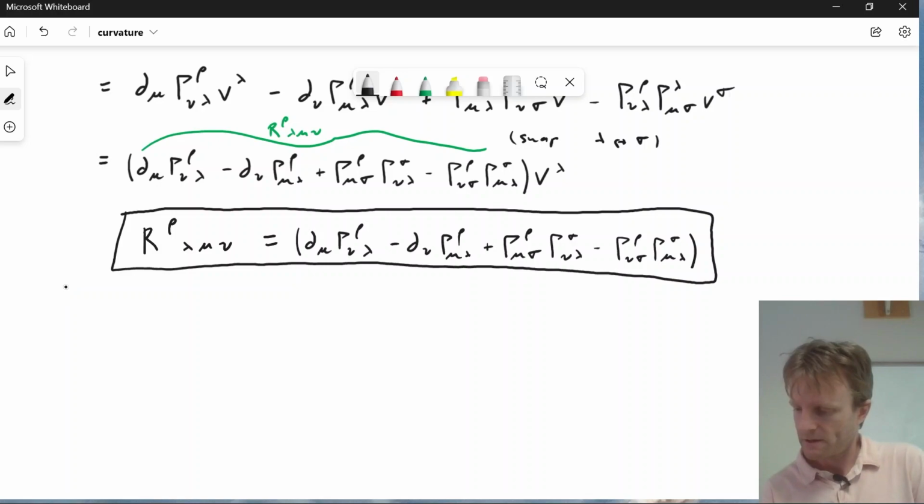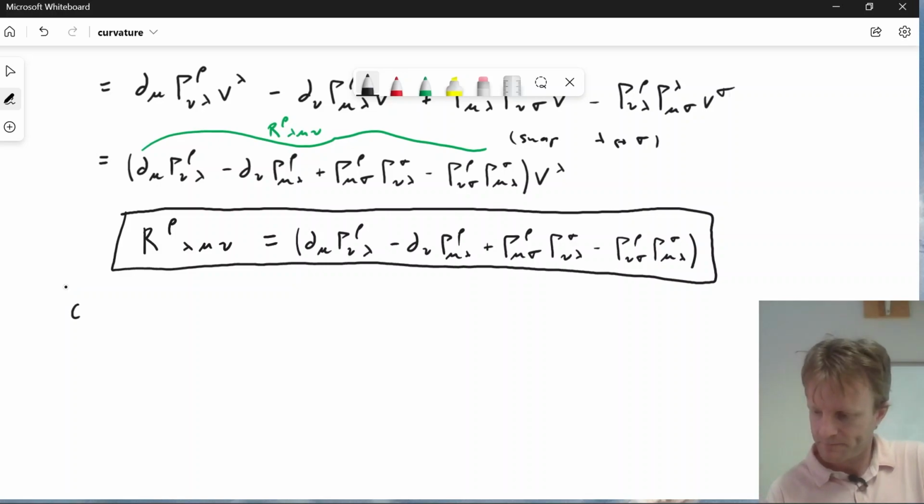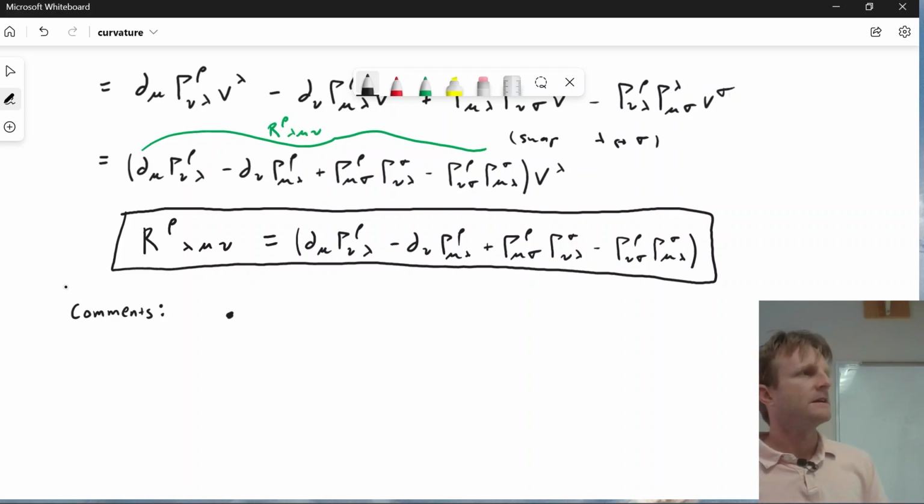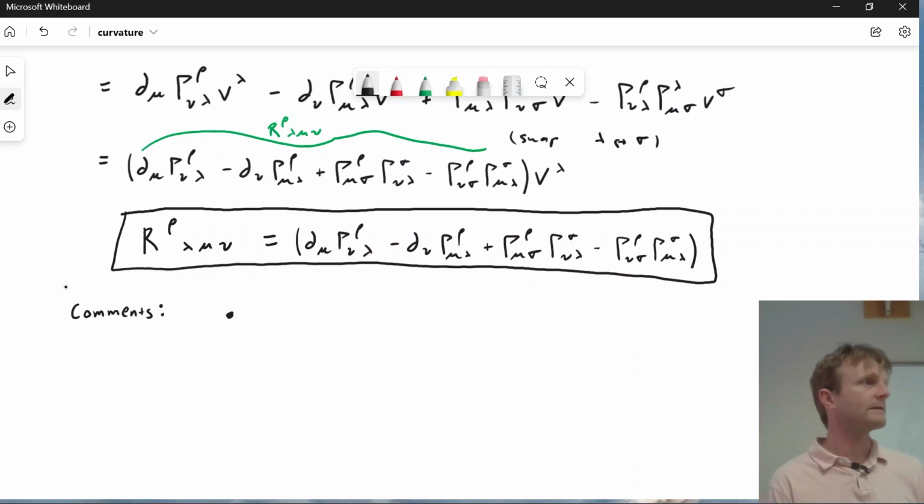So, some comments. First of all, remember these 3 definitions were all in terms of clear, either geometric pictures, drawing pictures, so this thing doesn't depend on the coordinate system, or using covariant derivatives, which we laboriously constructed so it doesn't depend on the coordinate system.